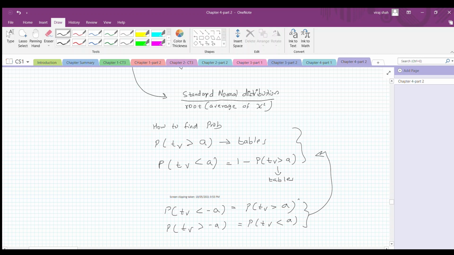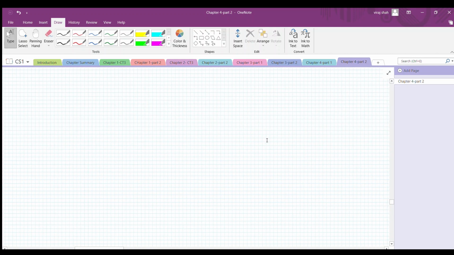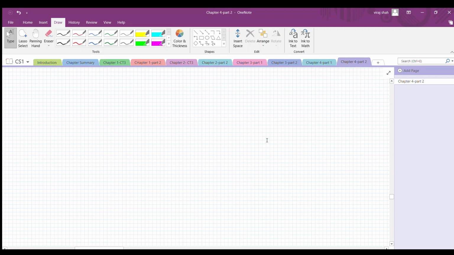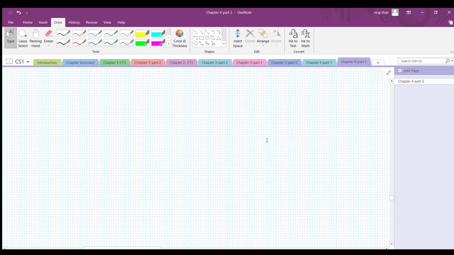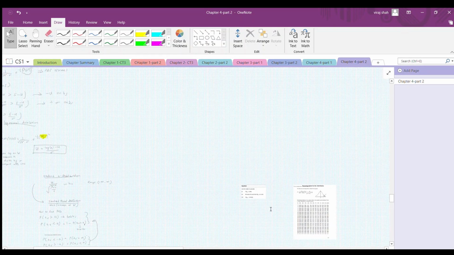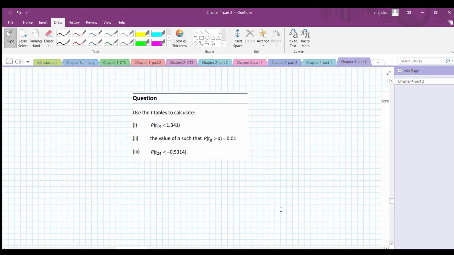Okay, let us see some sums regarding the calculation so that we get a hang of this type of distribution as well. I want to find the probability that T15 is less than 1.341.